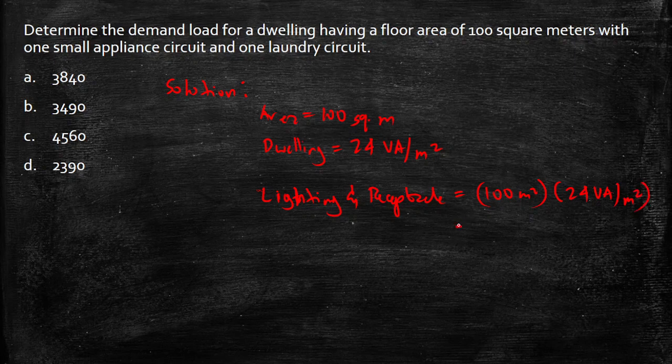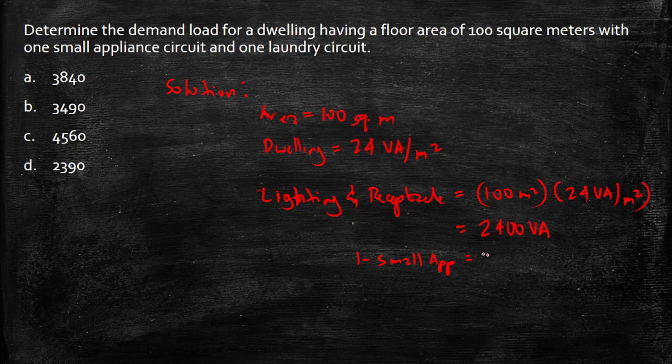So we get 2,400 volt ampere. Then for one small appliance circuit, that is 1.5.